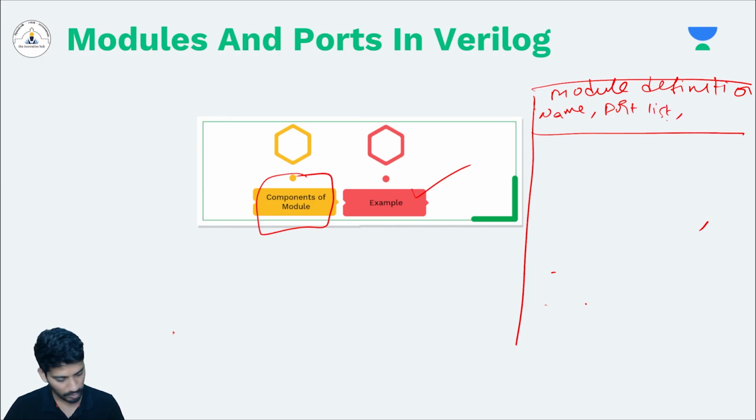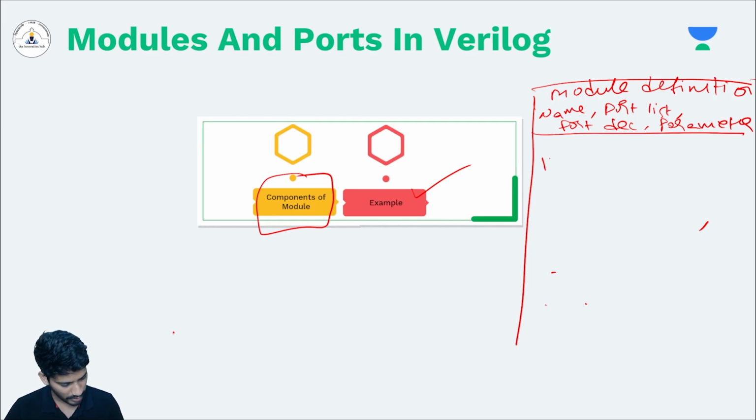What else will you require? Port declaration, and if you have any parameters, define them here. Once you define the module definition, there are 5 important components that are present in a module.